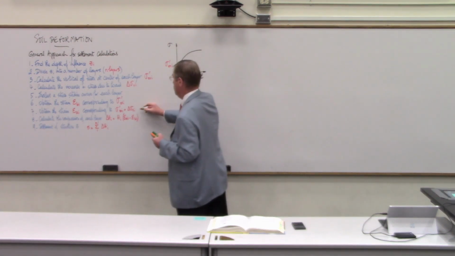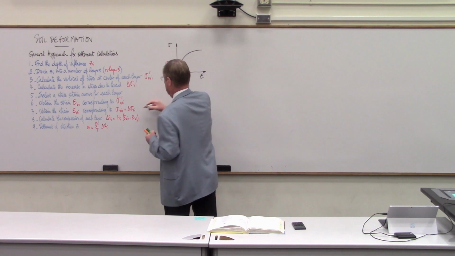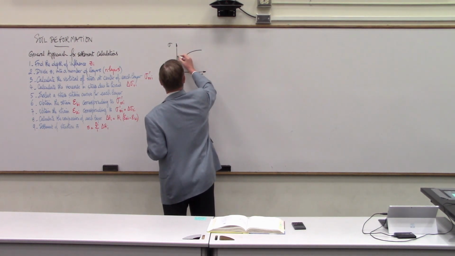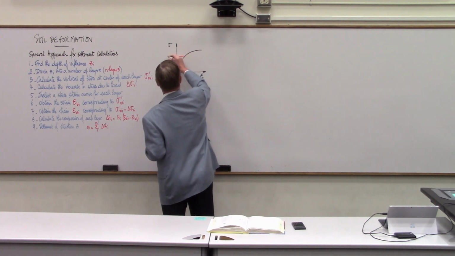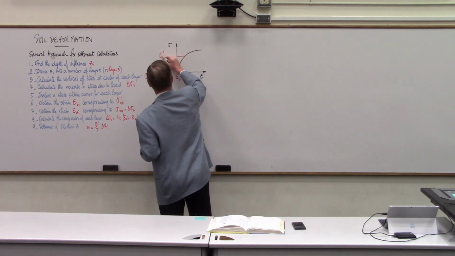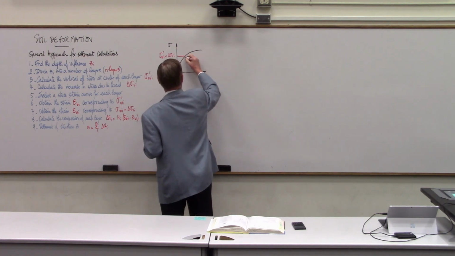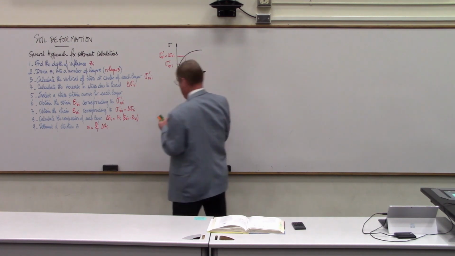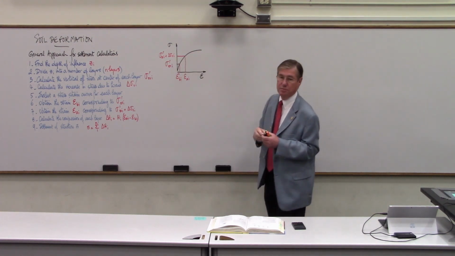And then you're going to go to sigma prime 0 VI plus delta sigma VI, so I'm going to exaggerate and make a very heavy structure here, and corresponding to this, I'm going to find the strain after, epsilon AI.